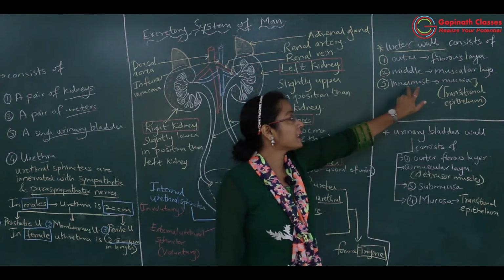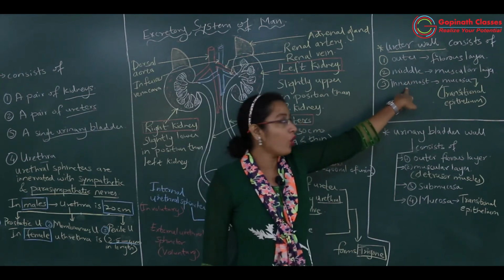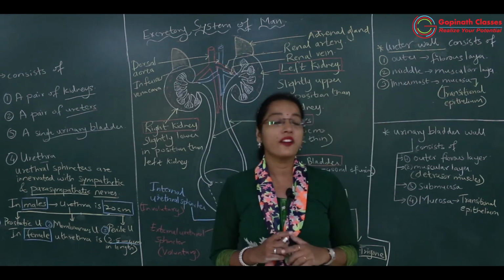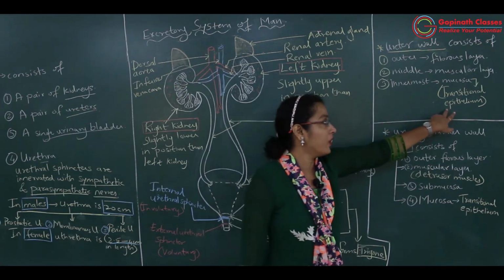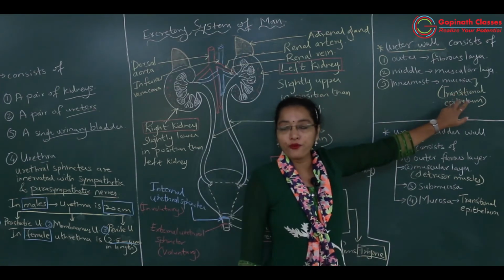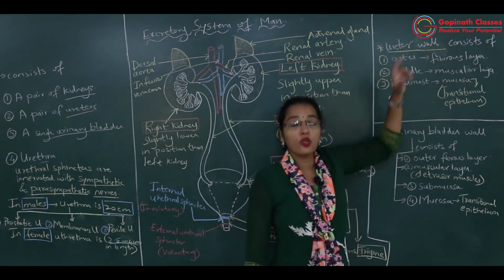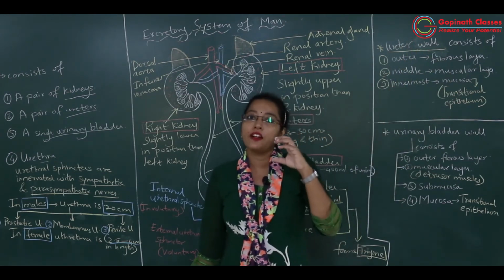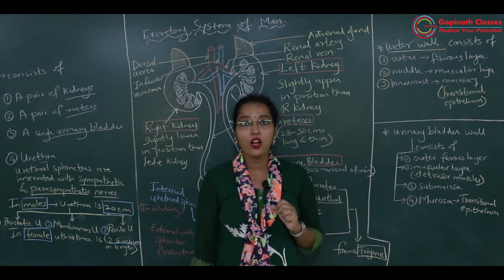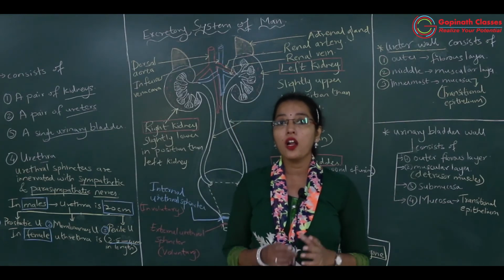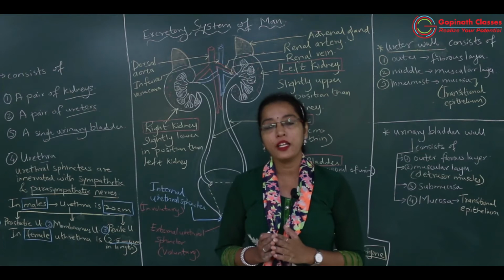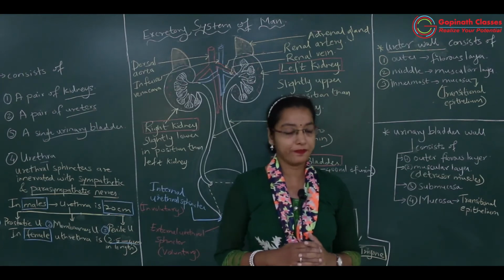Then the last layer of the ureter wall is mucosa, transitional epithelium. So transitional epithelium form करता है this mucosal lining of the ureter to increase and decrease the diameter of the ureter depending upon how much volume is produced by the kidney.